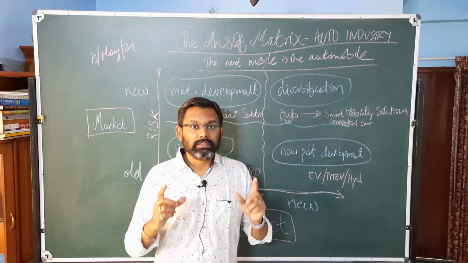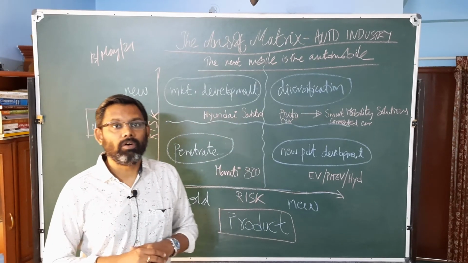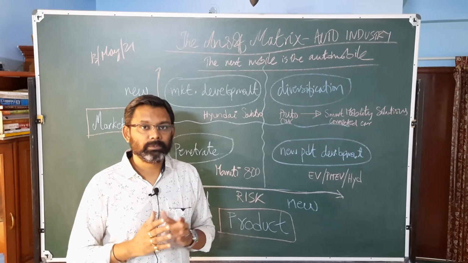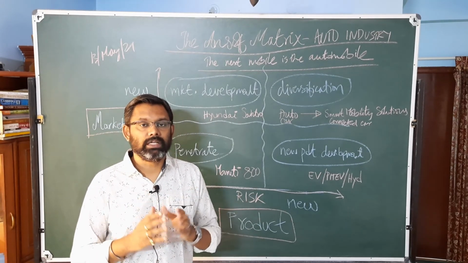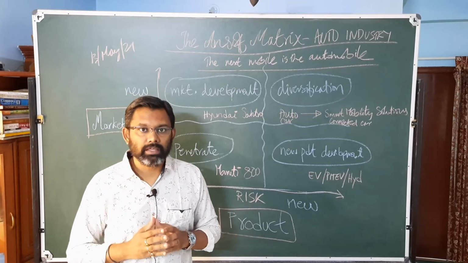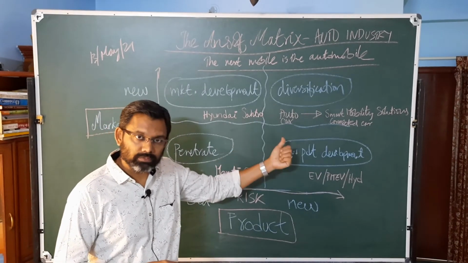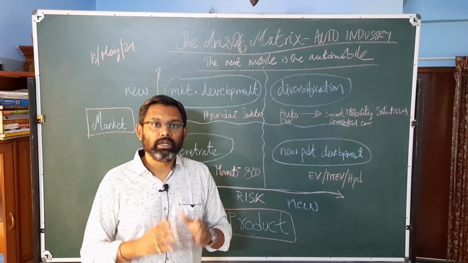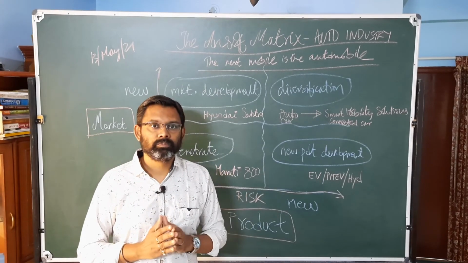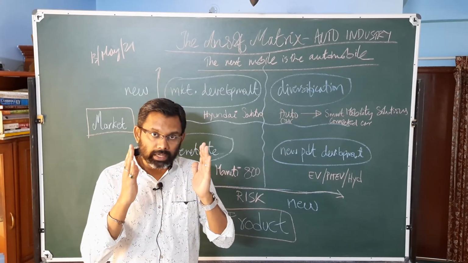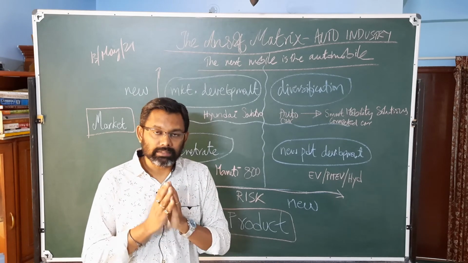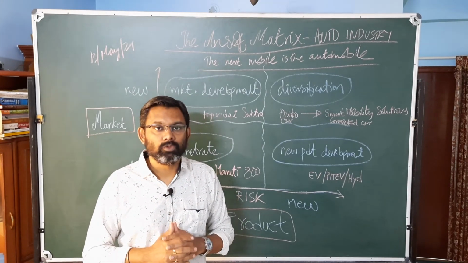So this is an example of the Ansoff matrix, which helps us to structure our thinking, and using the automotive industry, we were able to put together an experience-based understanding of the real world.